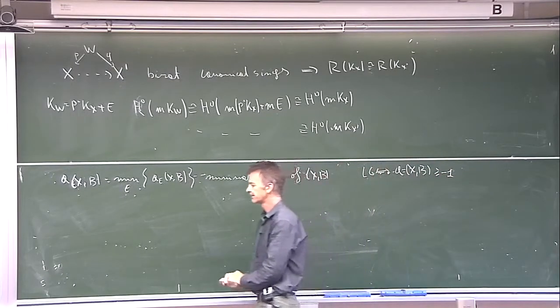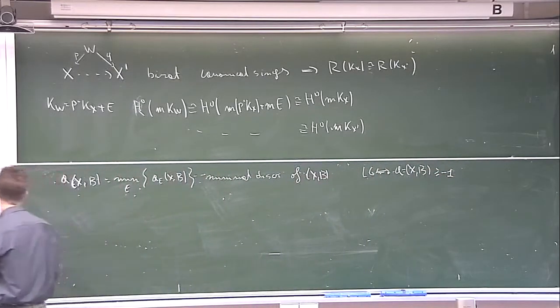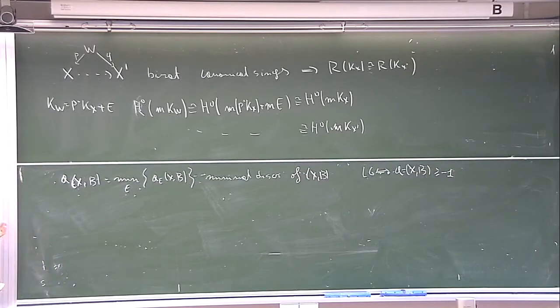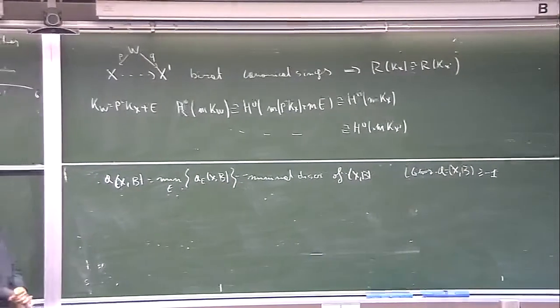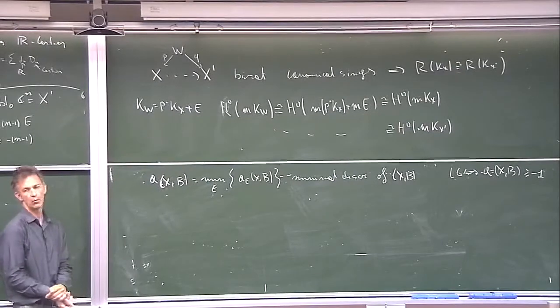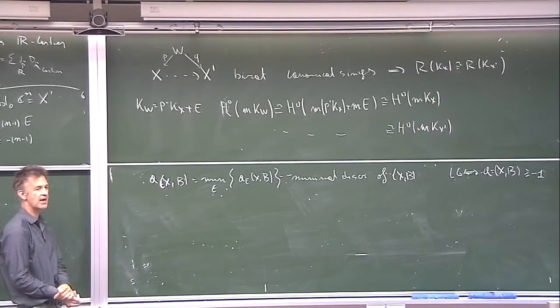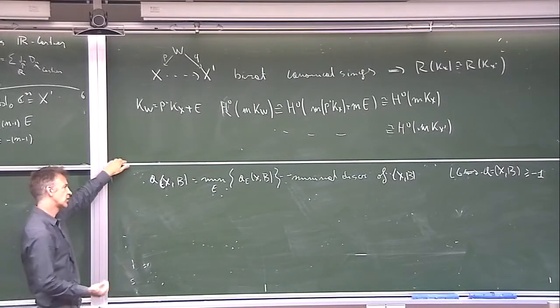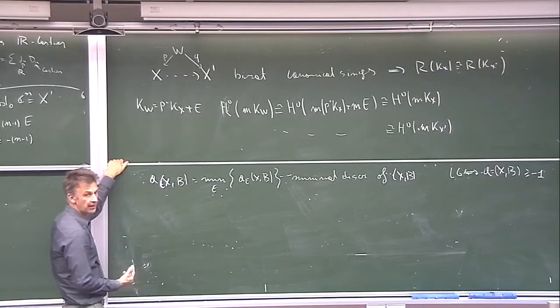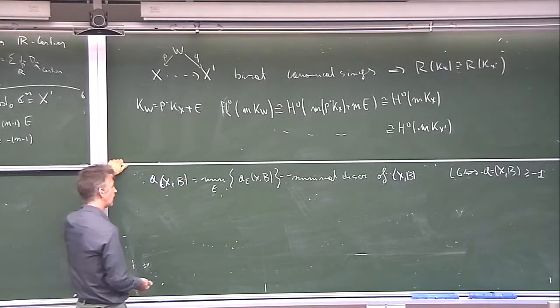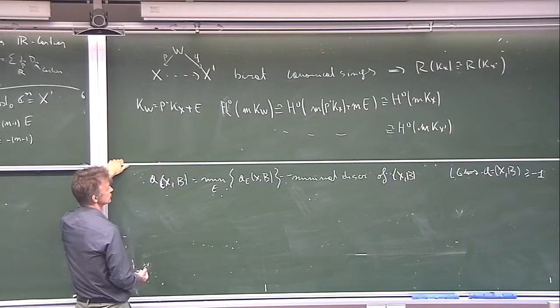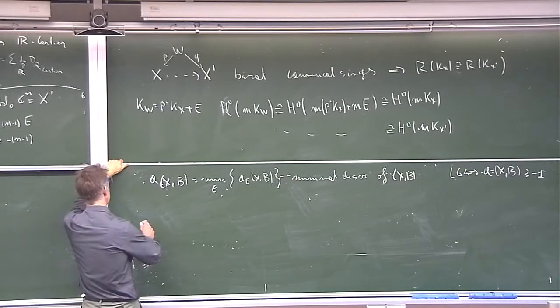And so it's not very clear that these invariants are well-behaved. It's conjectured that they're well-behaved, but not very clear. So Shokurov has some interesting conjectures about these invariants. Which ones do I want to state? So here's one conjecture.